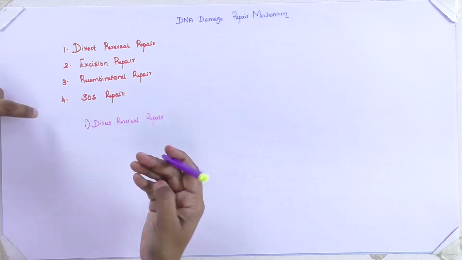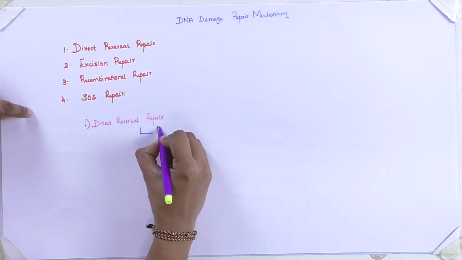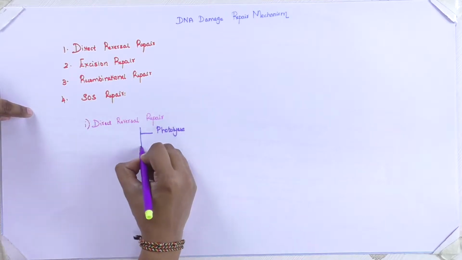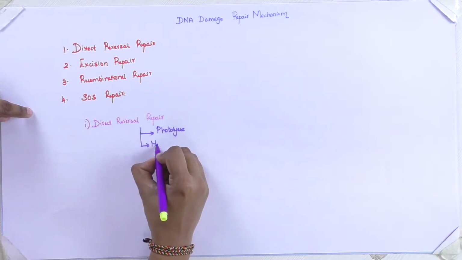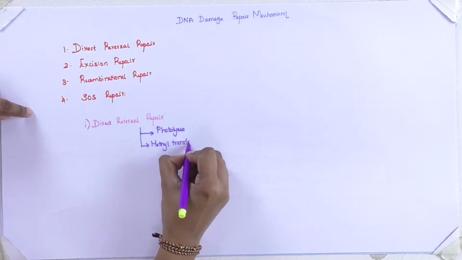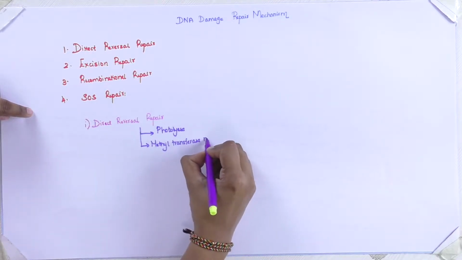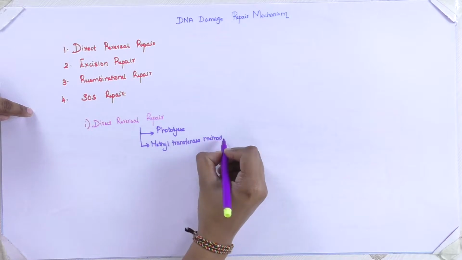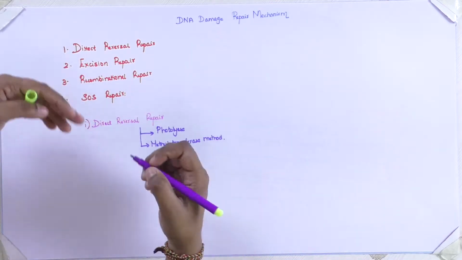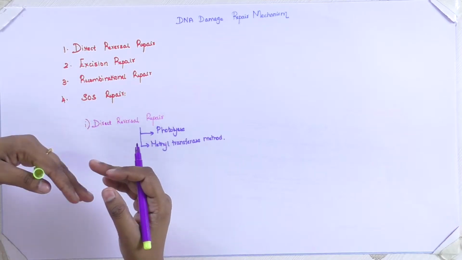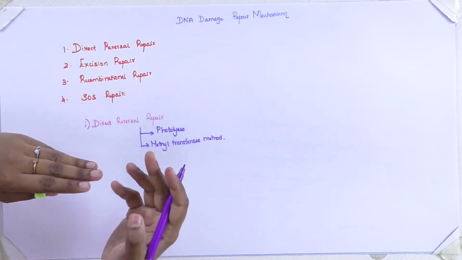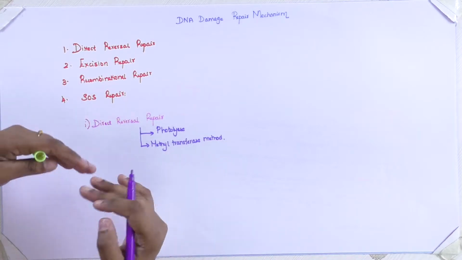Direct reversal repair is divided into two methods, the photolyase method and the methyltransferase method. Photolyase and methyltransferase are nothing but enzymes which catalyze a few reactions in the body, helping the DNA to overcome these damages.